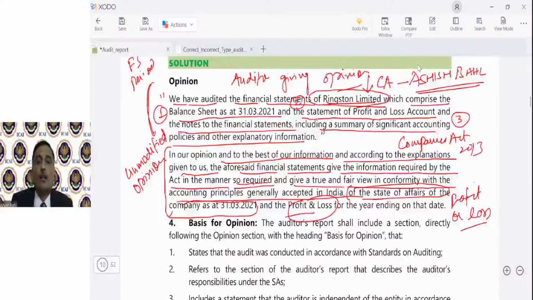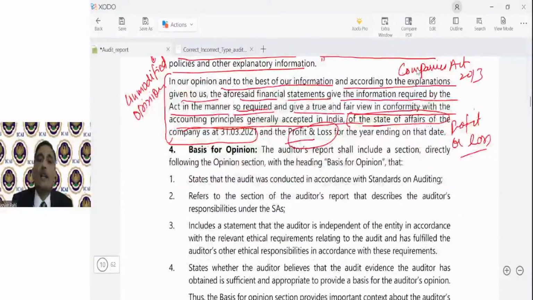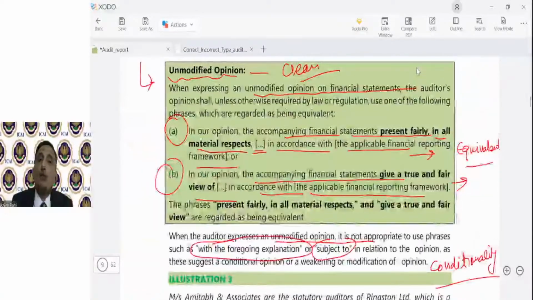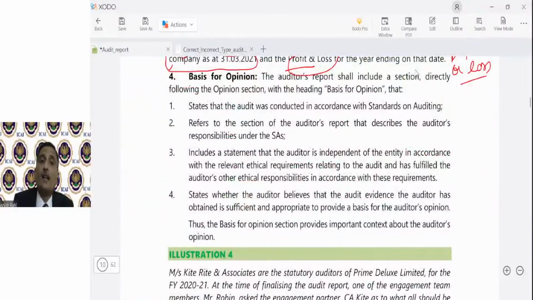So this is an example of an unmodified opinion. Is that clear to you guys? Unmodified opinion. Now the auditor does not stop at expressing an unmodified opinion. The next step, he has also to state the basis for opinion.